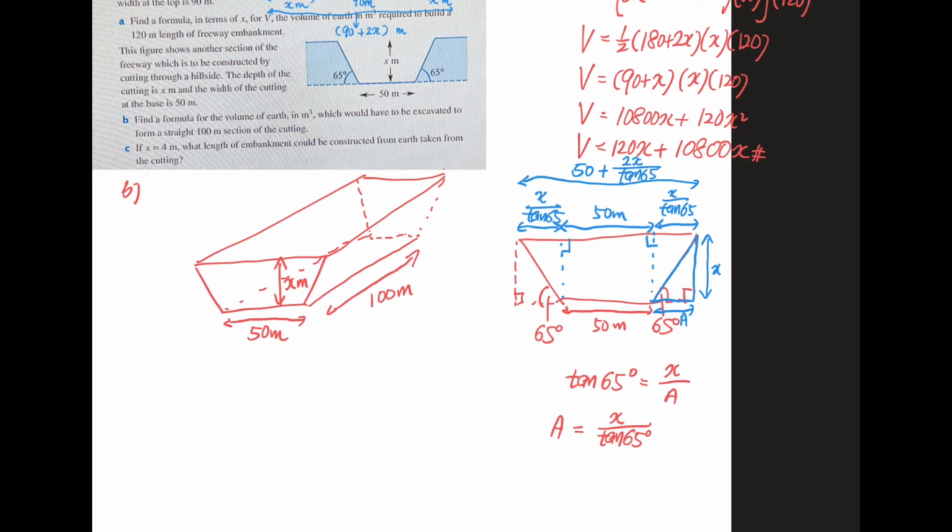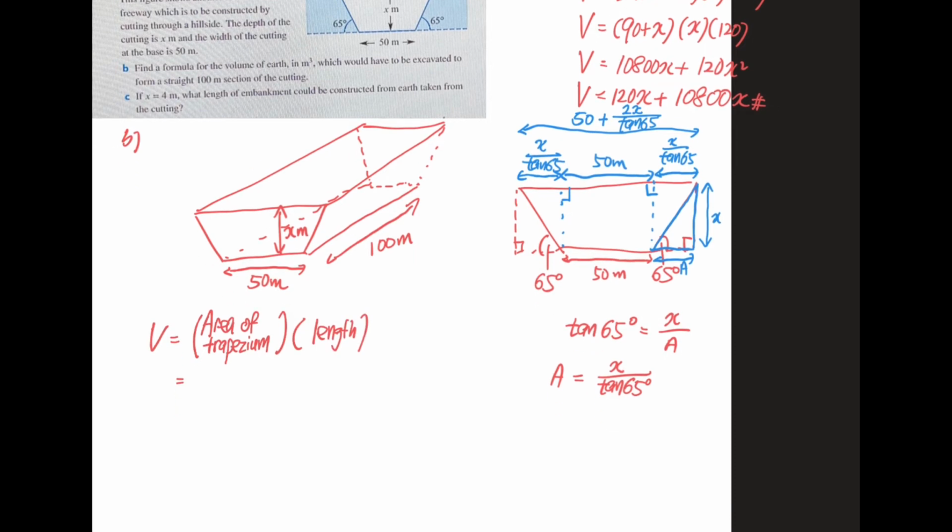Now let's come back to the question again. They want us to find the volume. So the formula: volume equals area of trapezium multiplied with length.